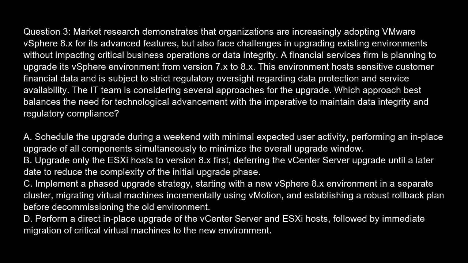Option C. Implement a phased upgrade strategy, starting with a new vSphere 8X environment in a separate cluster, migrating virtual machines incrementally using vMotion, and establishing a robust rollback plan before decommissioning the old environment. Option D. Perform a direct in-place upgrade of the vCenter server and ESXi hosts, followed by immediate migration of critical virtual machines to the new environment.